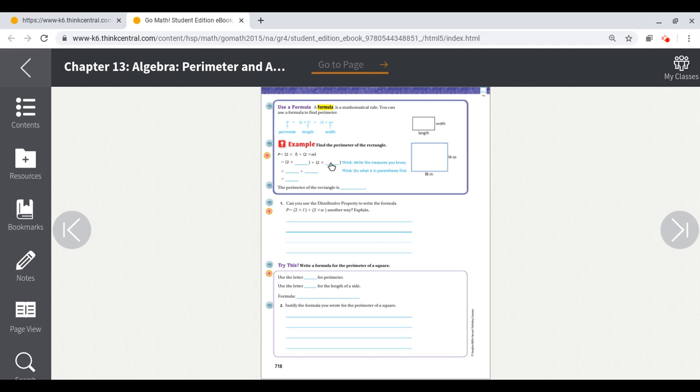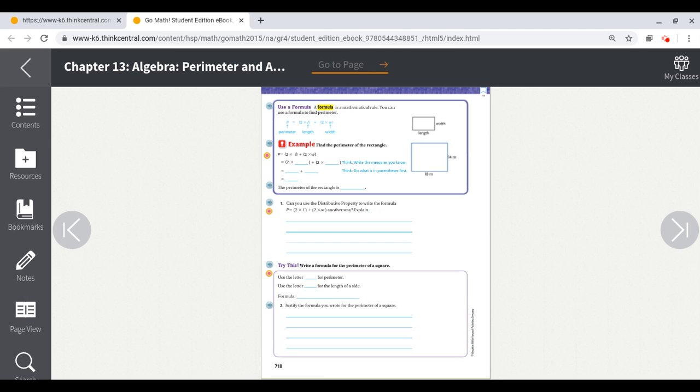So you put a 14 here. So once you figure out 2 times 18, you go on down to the next line and put that answer here and add this answer for 2 times 14 right there. So the answer to 2 times 18 would be 36 plus 28, and that will give you your perimeter of the rectangle. So that is the formula.